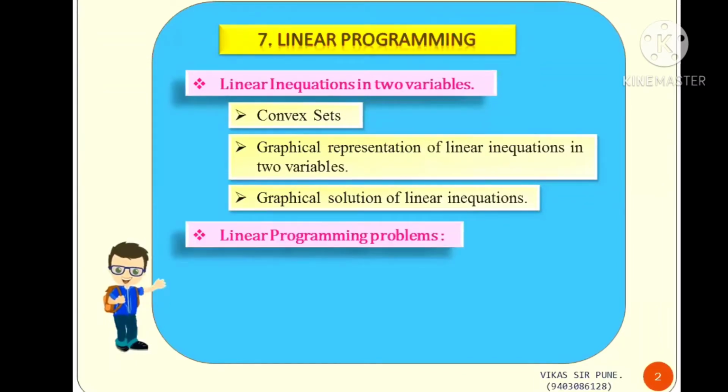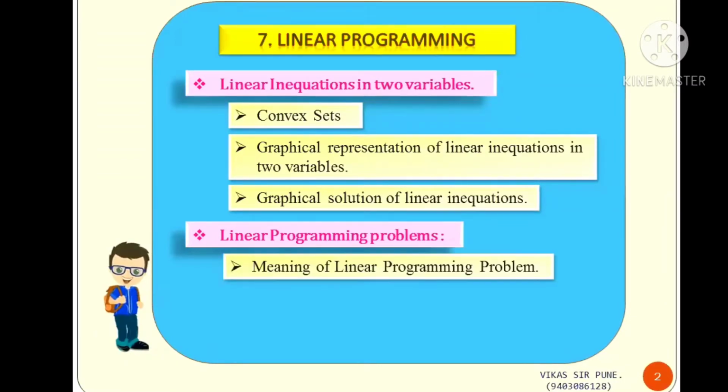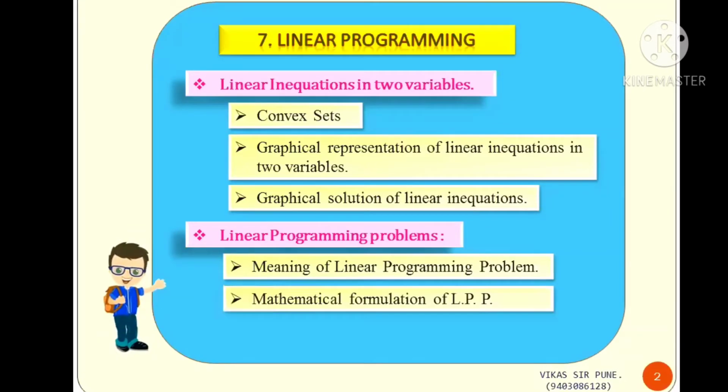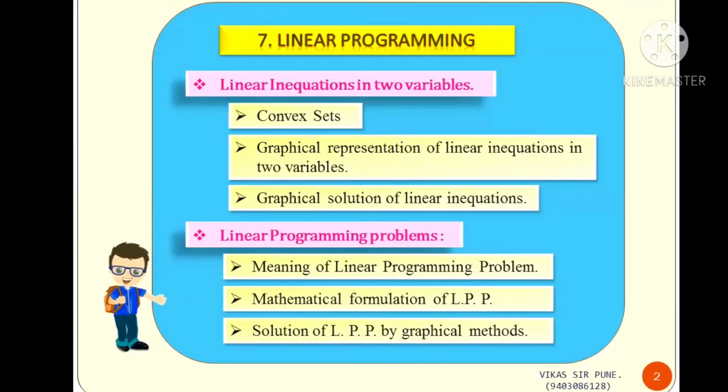The next part, linear programming problems. It consists of the meaning of linear programming problems, mathematical formulation of LPP, and solution of LPP by graphical methods. These are the contents of the lesson linear programming.